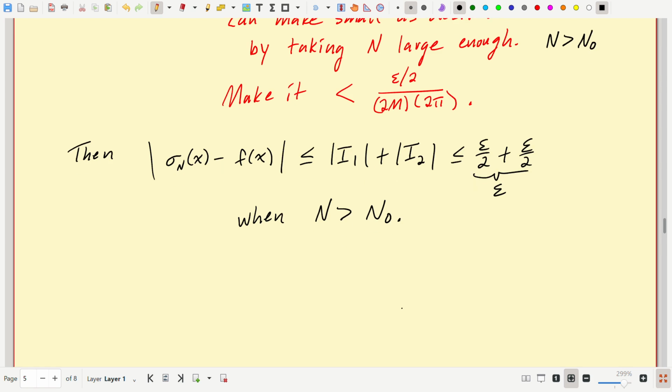Okay, so this is Fejér's theorem number 2, which is a biggie.